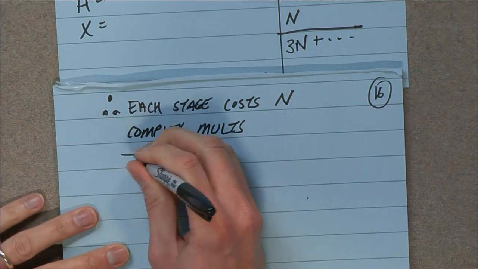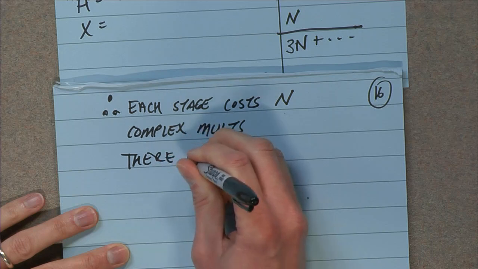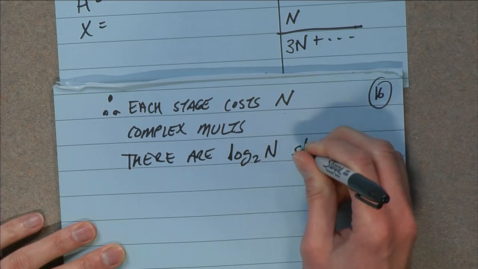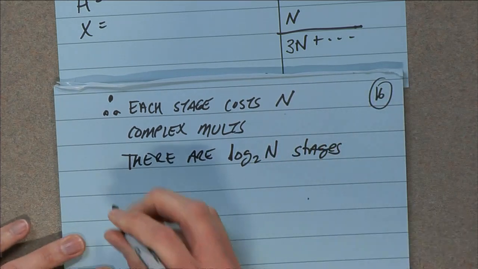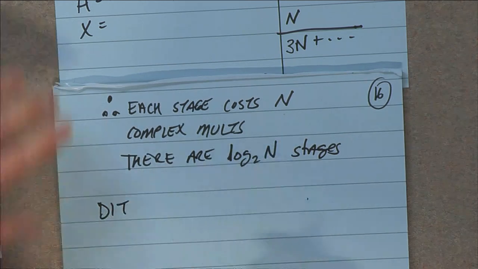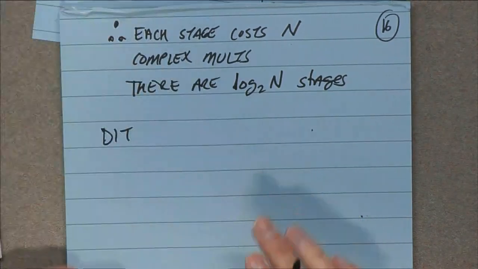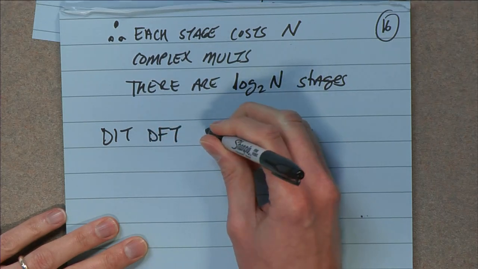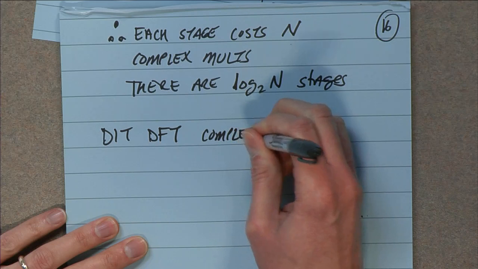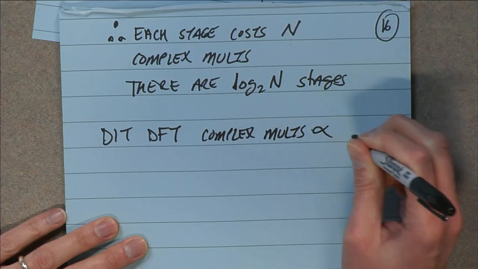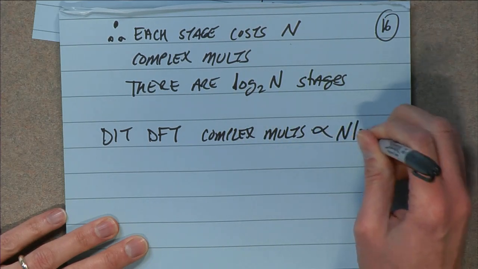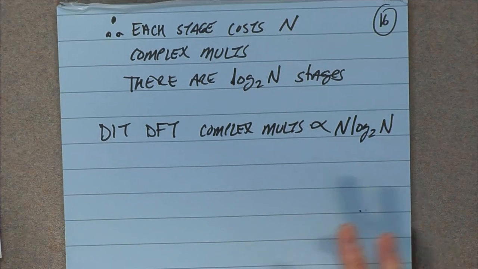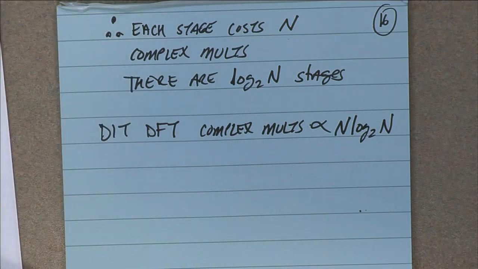So if there are log 2 n stages, then what we end up with is the decimation in time DFT is going to cost you a lot less. The decimation in time DFT complex mults are on the order of n log 2 n. And that's where the enormous amount of efficiencies are gained, so you can actually do a lot of this quickly.